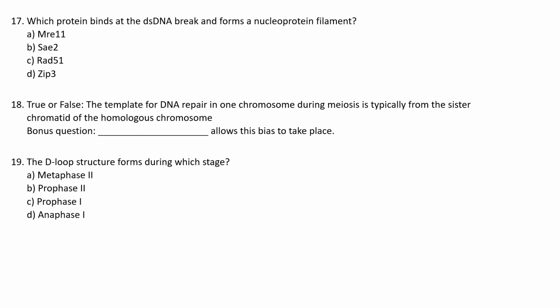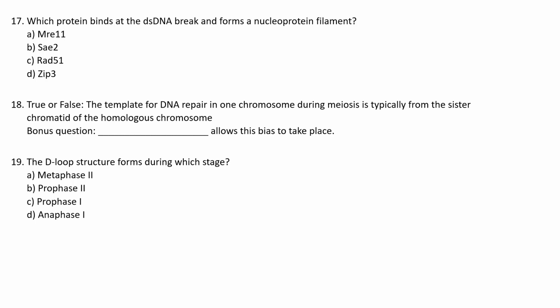There was a crossover pathway, and then there was a non-crossover pathway, which has a double Holliday junction forming in it. And that is where you have this template-based DNA repair and joining, ligation.